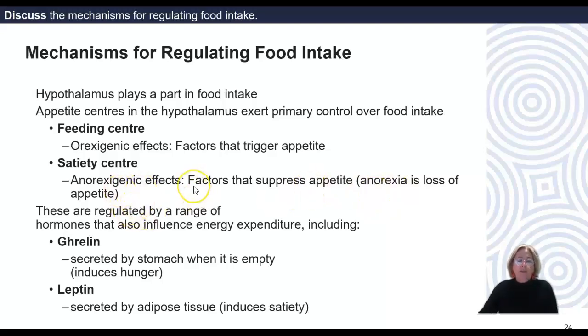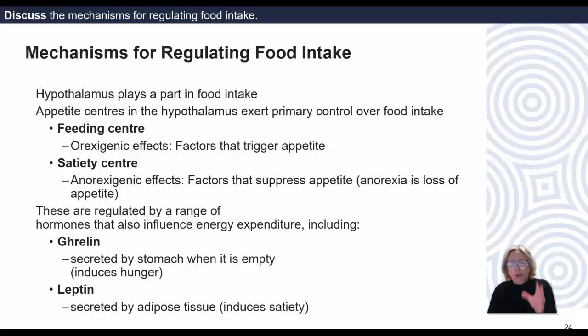And these are regulated by a whole plethora of hormones that also influence energy expenditure, including ghrelin, which is secreted by the stomach when it is empty, and it induces that feeling of hunger. And leptin, which is secreted by adipose tissue, increases or induces satiety.